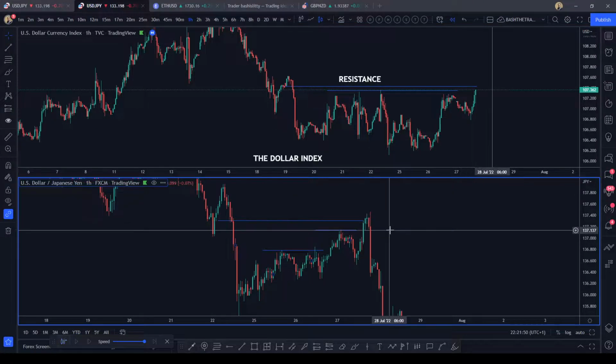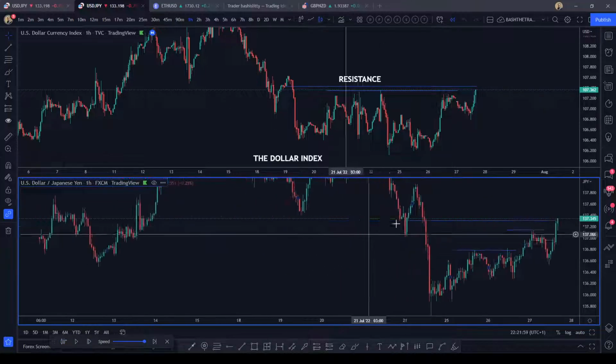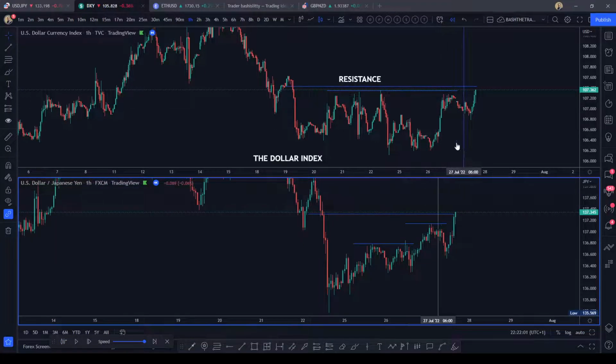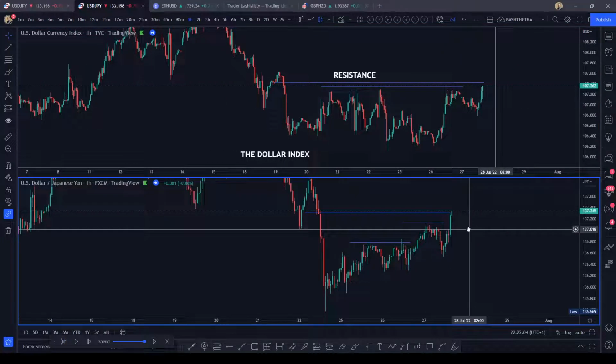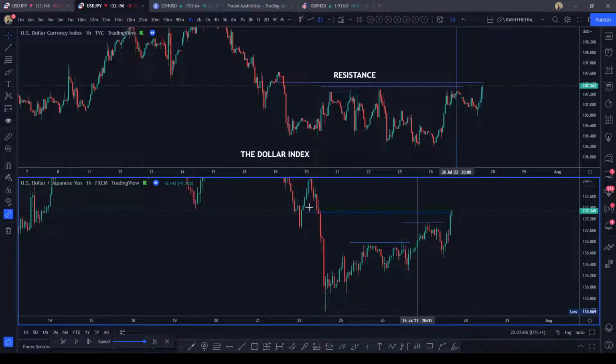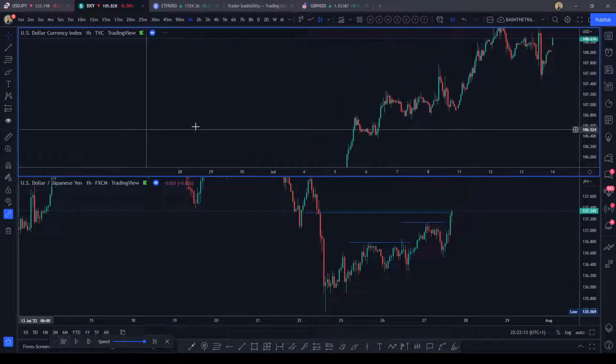Okay, so let me go to 15 o'clock. Yeah, good. So what we can see is that the price was pushing higher. The price was pushing higher.